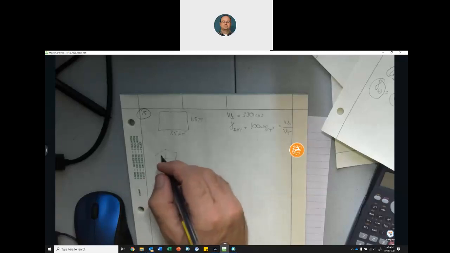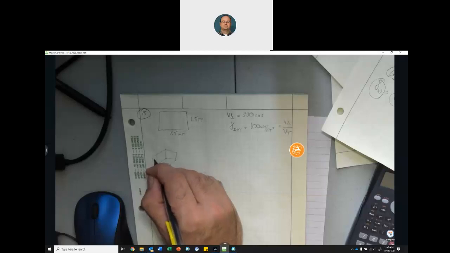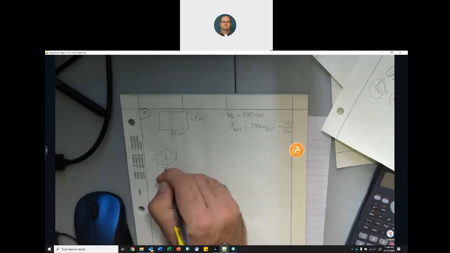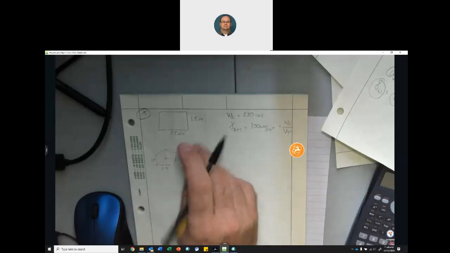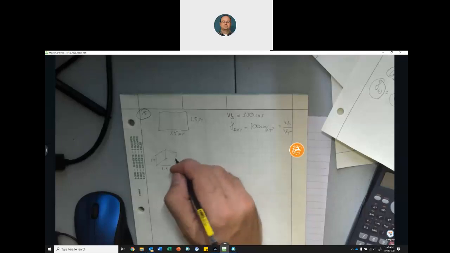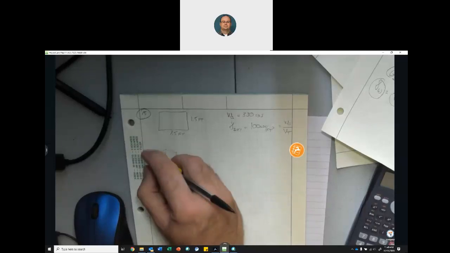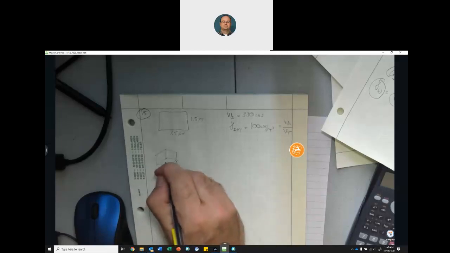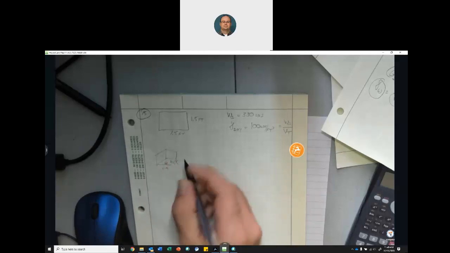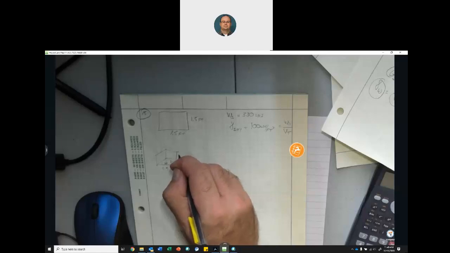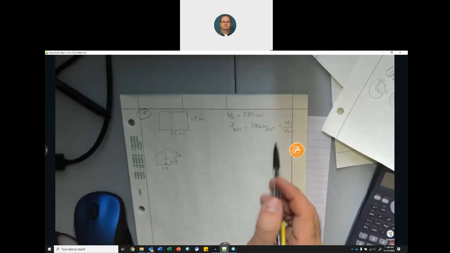So we have 1.5, 1.5, and then that's a horrible 3D. So this is my width, this is my length, and how high, this is my height.